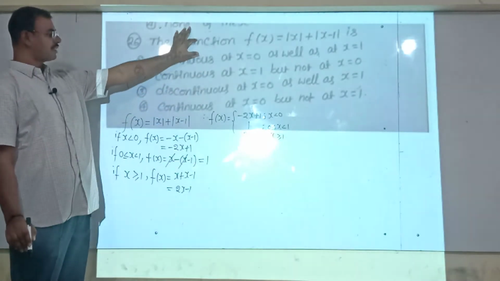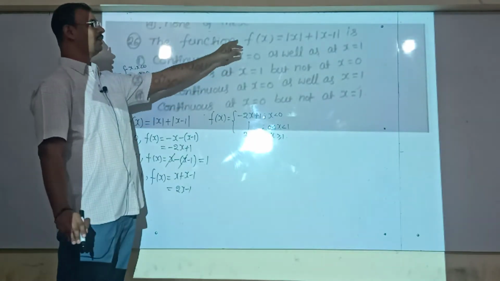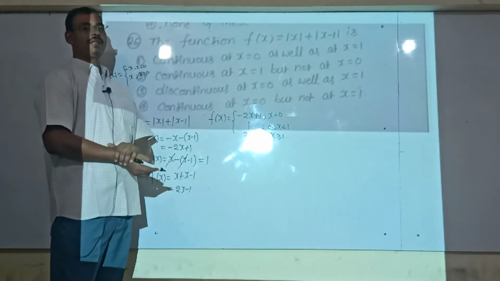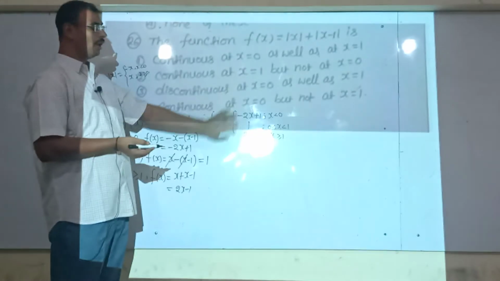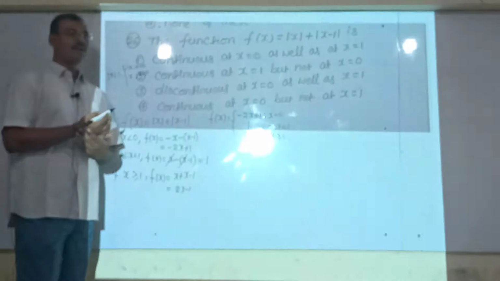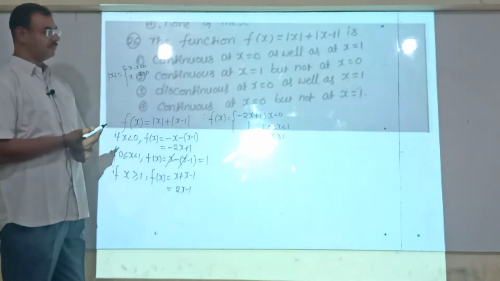So this is the actual problem. He defines the whole function with modulus, f of x equal to mod of x plus mod of x minus 1. Both are the same. Now we have to check the continuity at x equal to 0 and at x equal to 1.